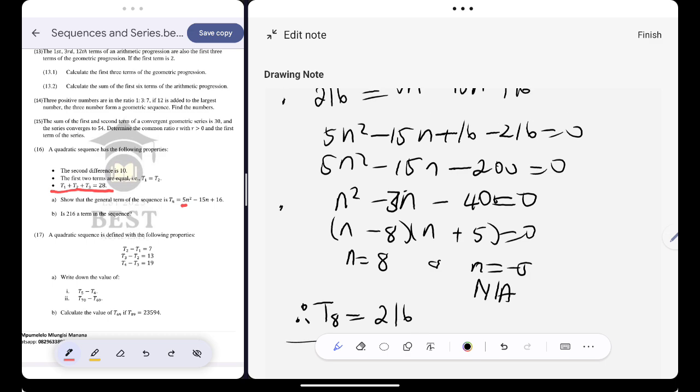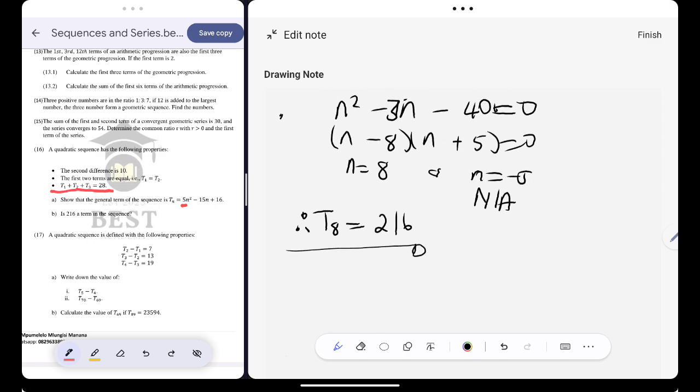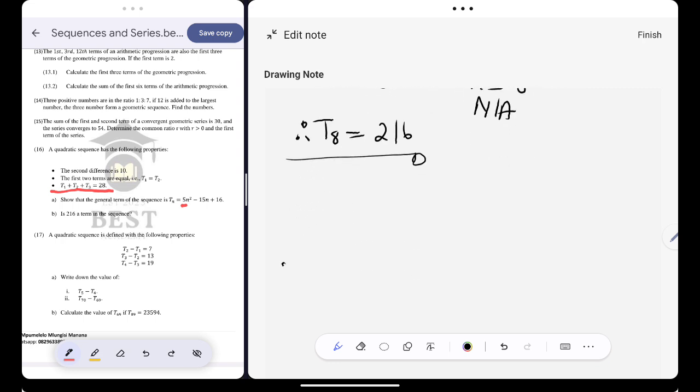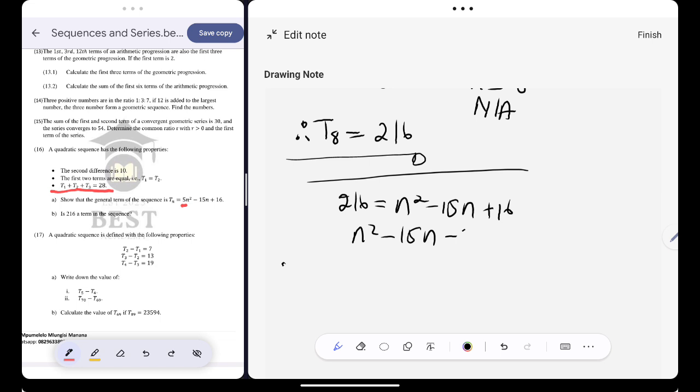Are we together, guys? The other way, if you didn't want to be direct with it and find the position where this term is, you can just use the nature of roots. I know that 216 is equal to n squared minus 15n plus 16, which gives 5n squared minus 15n minus 200, is equal to 0.